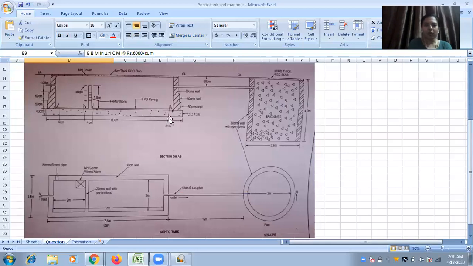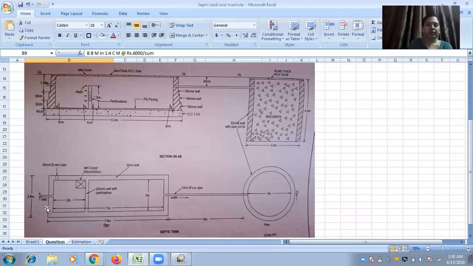Beyond this, you have the first step of brick wall of thickness 50 centimeter. That means outside this rectangle, there is another rectangle of thickness 50 centimeter, that is 0.5, 0.5, 0.5 and 0.5 all around this 7 meter and 2 meter wall.